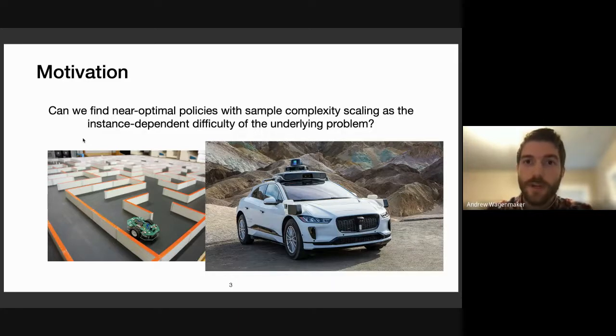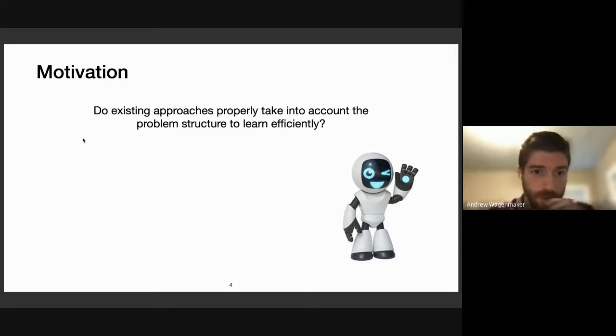If we can come up with algorithms like that, perhaps we can chisel into this sample complexity barrier. This is the first question we're trying to answer in this paper: can we come up with instance-dependent sample complexities for reinforcement learning? The second related question is, are existing approaches handling this properly?